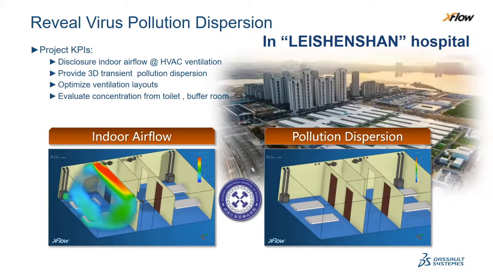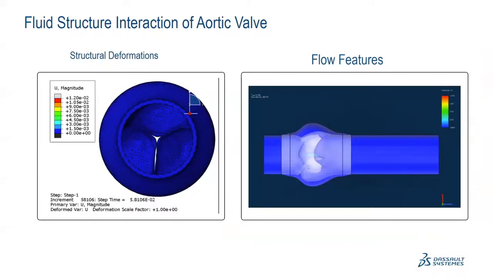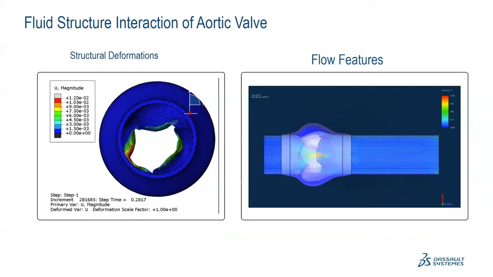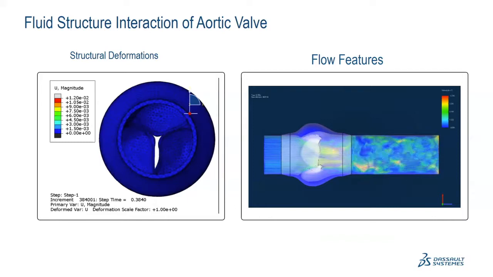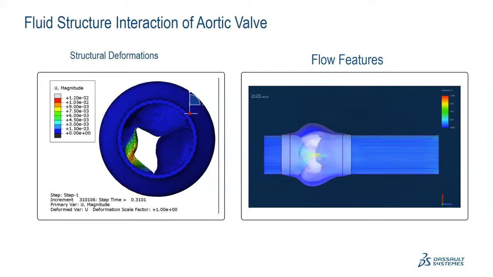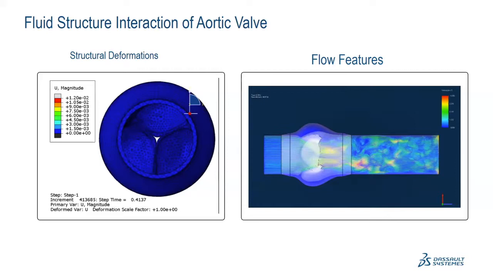So far you have seen that these examples are all for what we call pure fluid flow. Another application that you will find really useful, especially in the medical industry, is FSI, or fluid structure interaction. I'll give you one example, this aortic valve. Because we know for many devices or products, you have to deal with moving parts alongside the fluid.